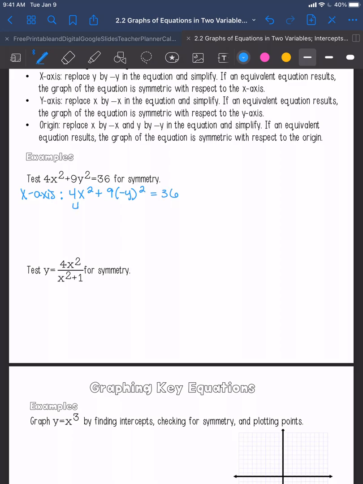If I simplify that, I get 4x squared plus, a negative squared always becomes a positive, so plus positive 9y squared equals 36. That's the exact same equation as the original, so this equation or graph is symmetric with respect to the x-axis.